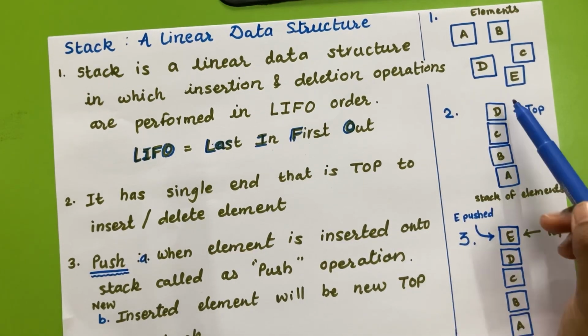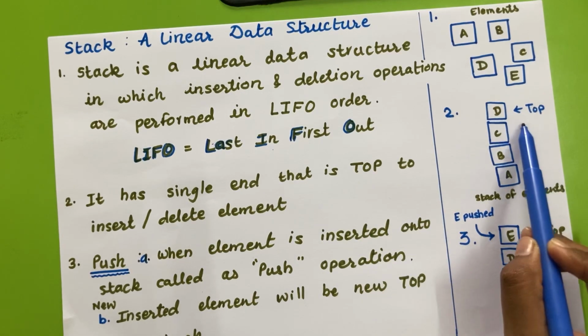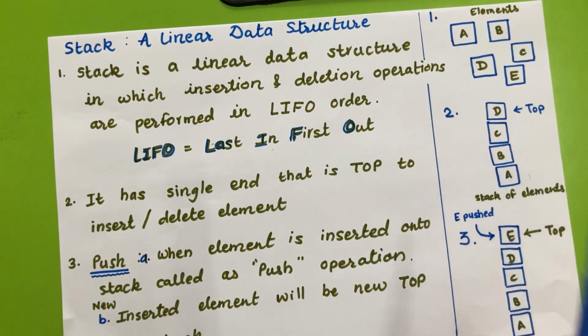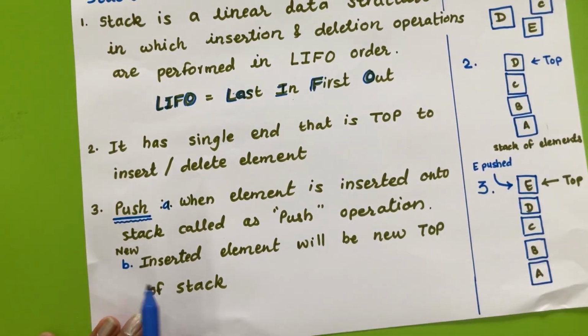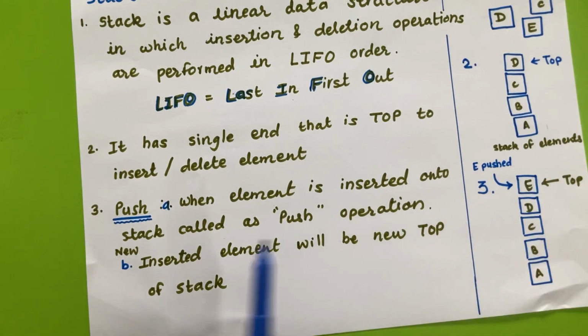Also we have a single end, that is top, to insert and delete from the stack. Now here we have 2 kinds of operations: insertion into the stack is called the push operation, and deletion from the stack is called the pop operation.